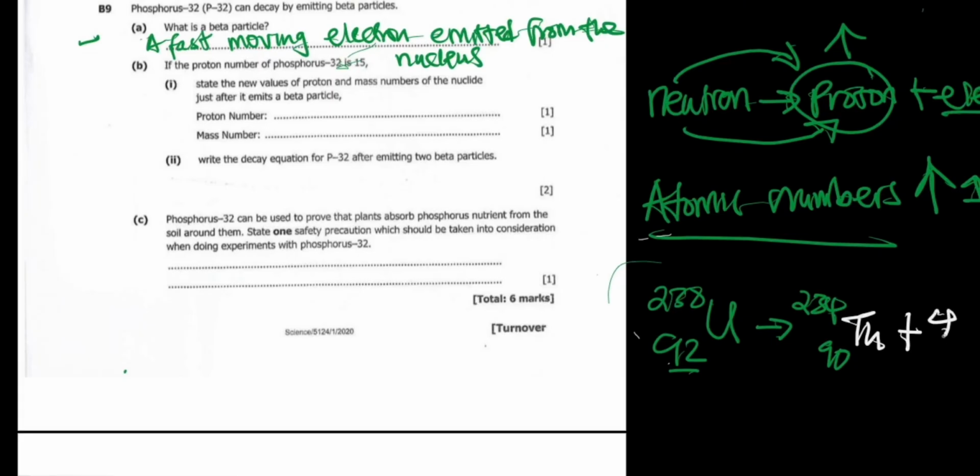So usually we just say helium because it is the same structure as the alpha particle. So this is how you're going to write the equation when an atom releases an alpha particle. If it is 2 alpha particles, you just have to calculate accordingly because 1 alpha particle has 2 protons and 2 neutrons. So make sure you understand that.